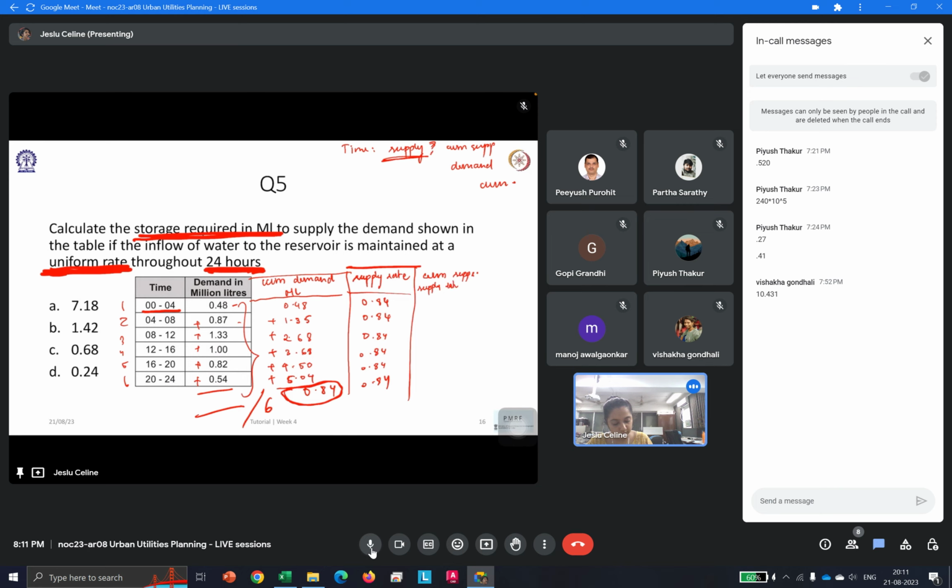Can we do that calculation? 0.84, then 0.84 into 2 is 1.68, again 2.52, again 3.36, 4.2, 5.04. Is this what everybody is getting?